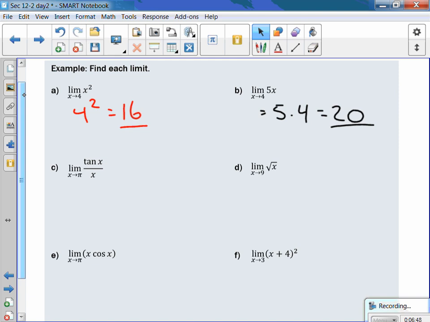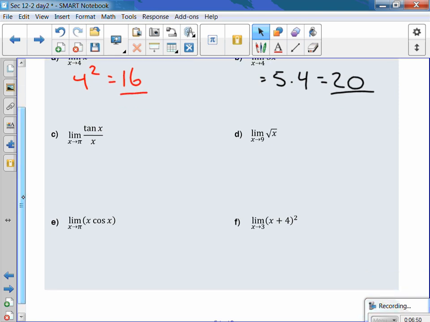Let's see how many of you remember your unit circle. As far as here, we have the limit of tangent of x over x as x approaches pi. Absolutely.